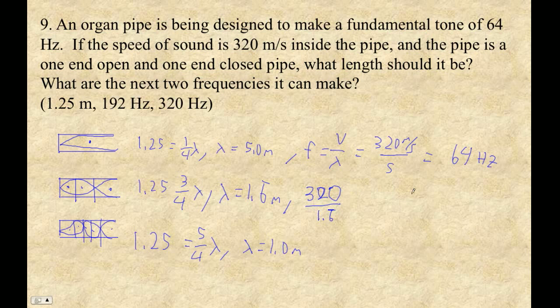That's 192. And then this one is 320 divided by 1. I know what that is. That's meters per second divided by 1 meter per wave. That's 320 hertz. Yeah, that's why they are that way.